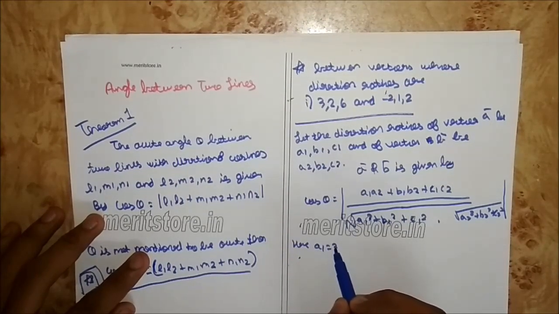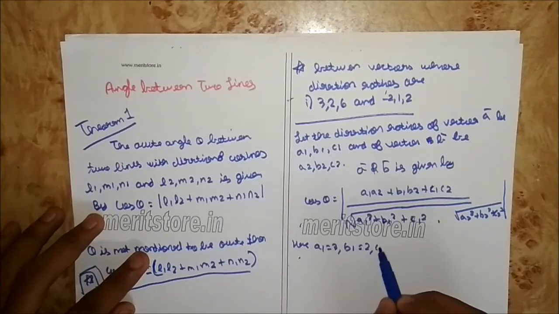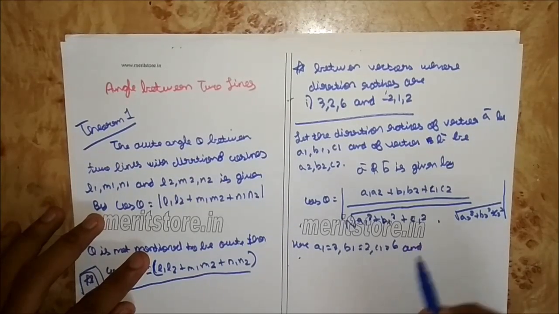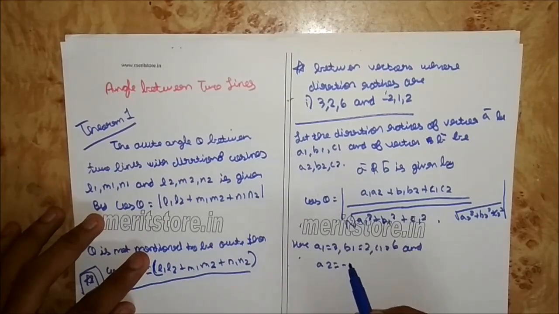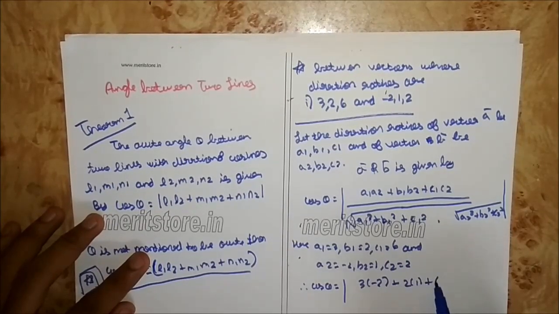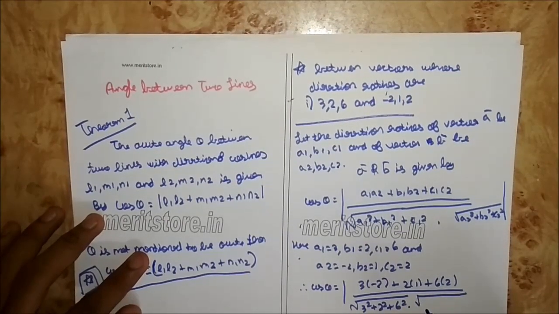Here A1 is equal to 3, B1 is equal to 2, C1 is equal to 6 and A2 is equal to -2, B2 is equal to 1, C2 is equal to 2. Therefore, cos theta is equal to 3 into -2 plus 2 into 1 plus 6 into 2 upon square root of 3 square plus 2 square plus 6 square into square root of (-2) whole square plus 1 square plus 2 square.